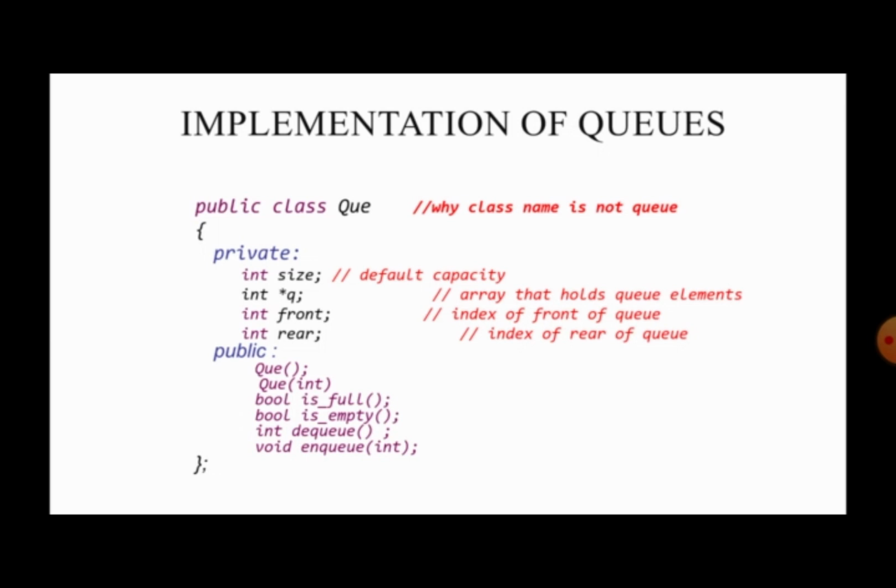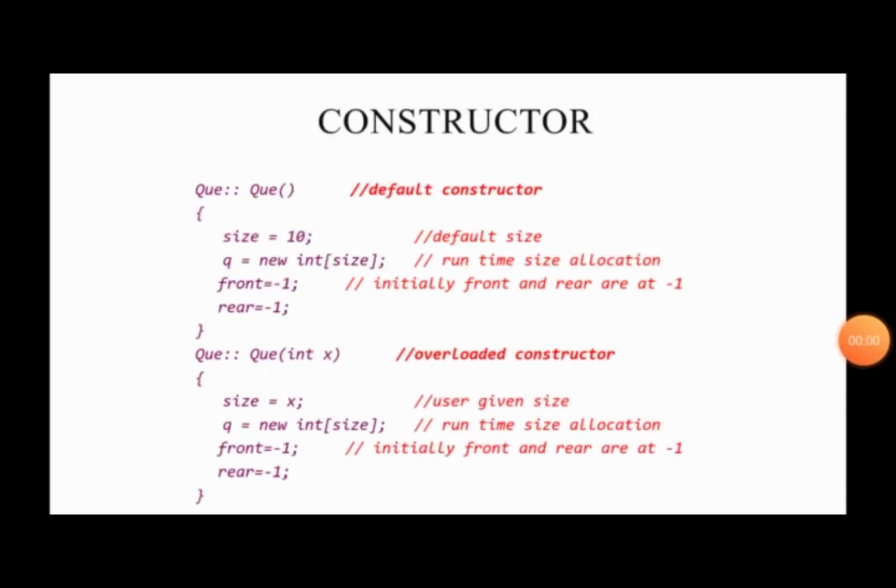The other methods are dequeue, which dequeues the element from the queue, and enqueue, to enqueue the element in the queue.